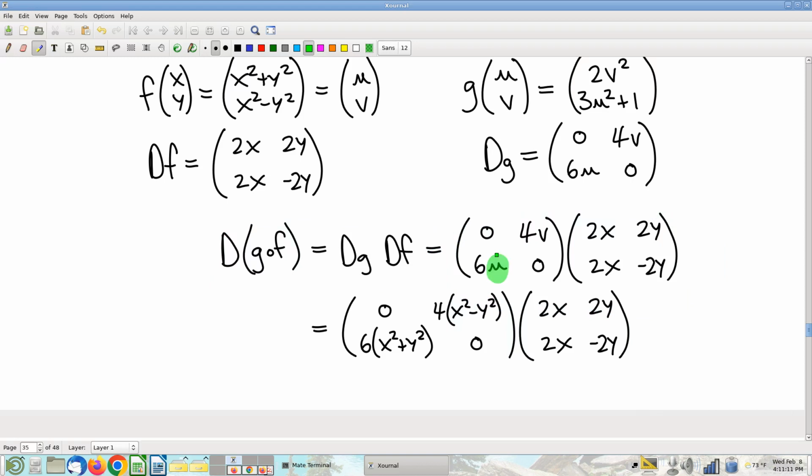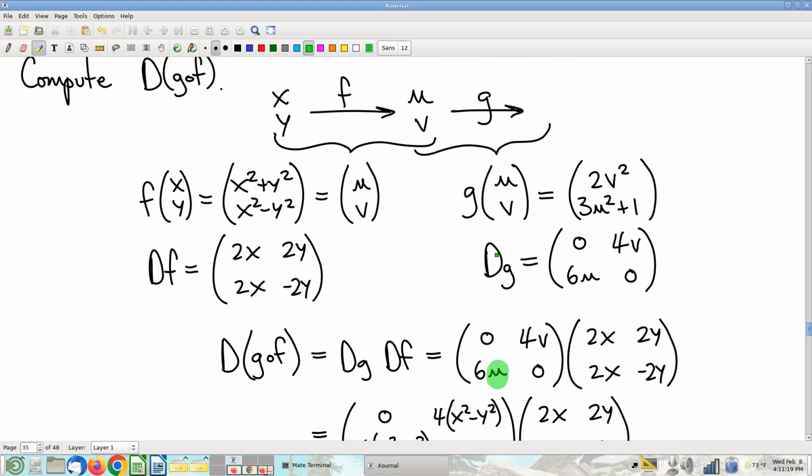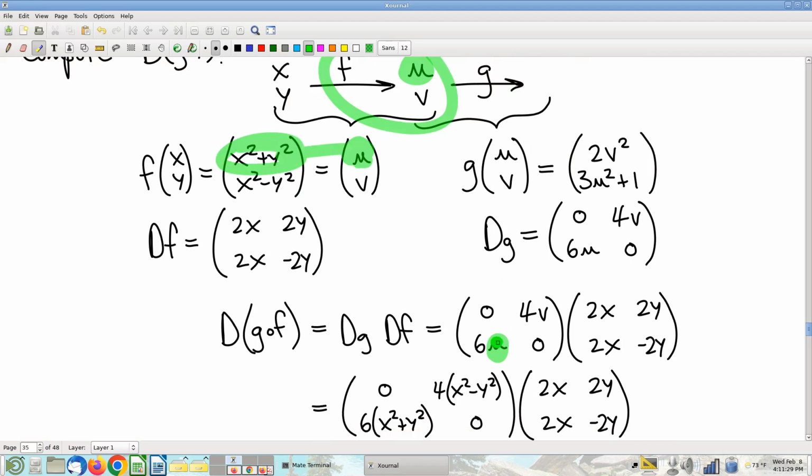I need my answer to be in terms of x and y. How am I going to write u in terms of x and y? Well, u is the first output variable from f. So it's x squared plus y squared. And I just plug in accordingly. Everybody okay?